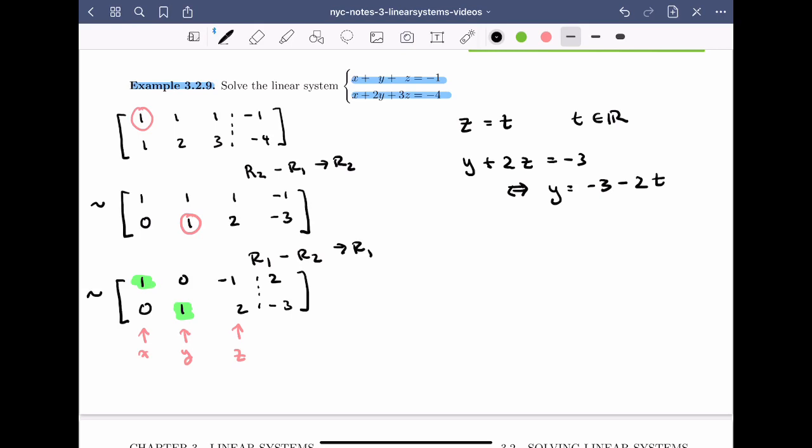From the first row, I have that x minus z is equal to 2, but that's the same thing as x is equal to 2 plus z. z is t, I'll write it as 2 plus t. Organizing my answer, I have x is equal to 2 plus t, y is equal to minus 3 minus 2t, and z is equal to t. t is any real number.